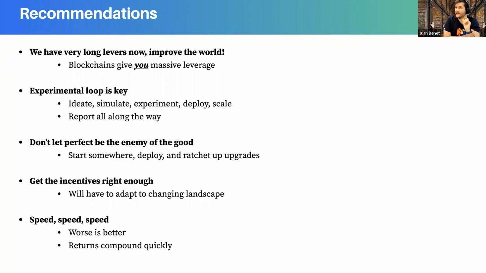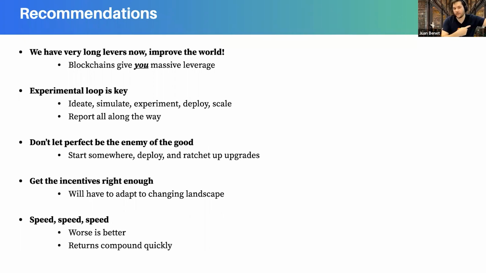The second point is to establish a strong experimental loop where you can ideate, simulate, experiment, deploy, and scale. And along the way, you're reporting on the ideas, you're reporting on the simulations, you're reporting experiments. And really don't let perfect be the enemy of the good. We don't have a lot of time on a lot of these kinds of problems, and it's much better to make things incrementally better. So really start somewhere, deploy, and build a system that can upgrade into a better one.